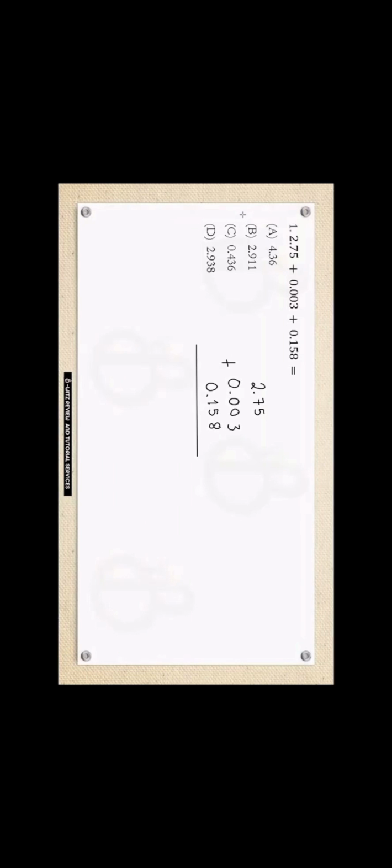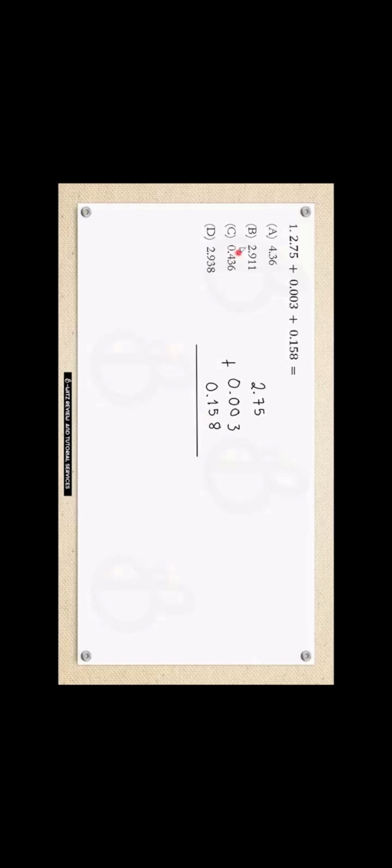Then add them column by column starting from the right. Now, if you want, you can start adding 2.75 to 0.003, and after getting the sum, then finally add it to the last number, which is 0.158.